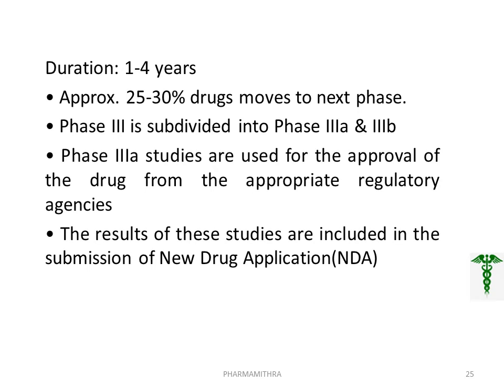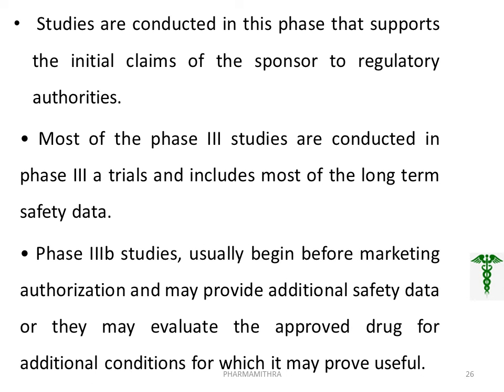Again, phase 3 is subdivided into 3A and 3B. In 3A studies, we are carrying out trials for the approval of the drug from the appropriate regulatory agency. For example, if you are doing an NDA application, we are carrying out phase 3A. Most phase 3 studies are conducted in the phase 3A trial.